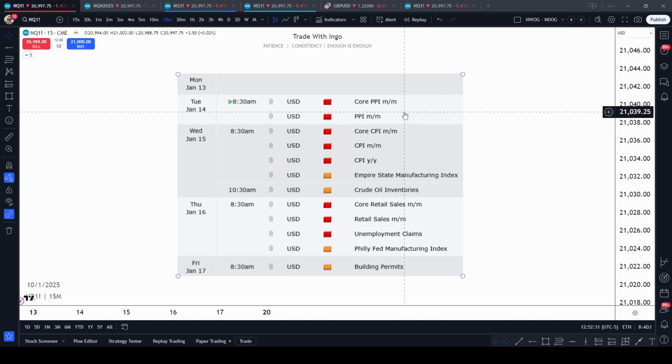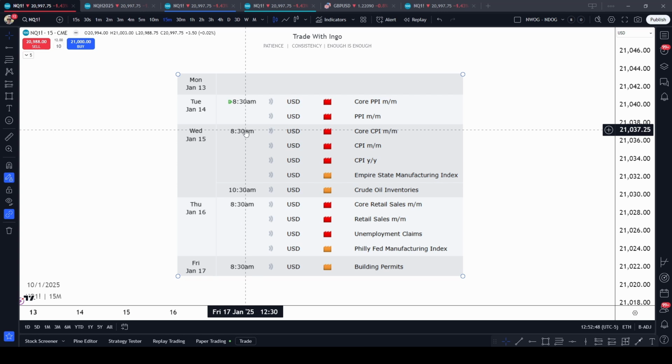But fortunately, when there's a PPI release in the same week, there's also a CPI release, which is obviously the consumer price index, which is generally an easier report to trade.